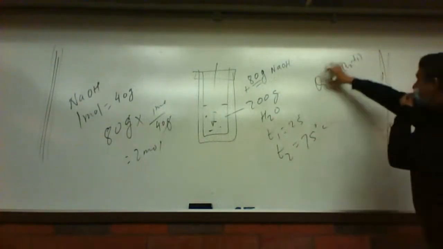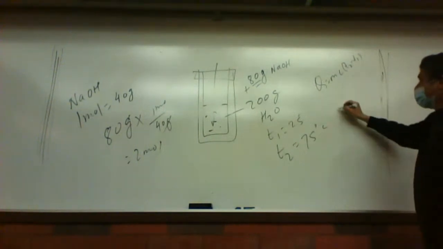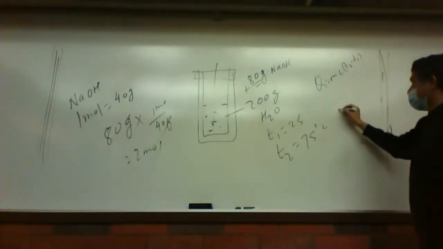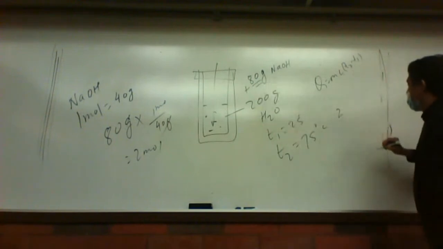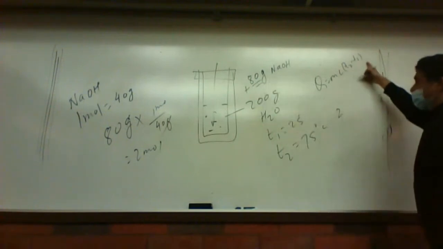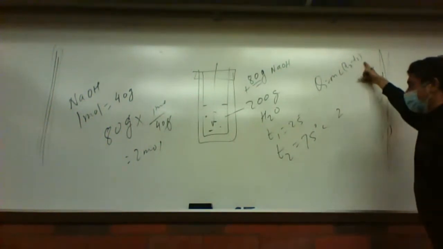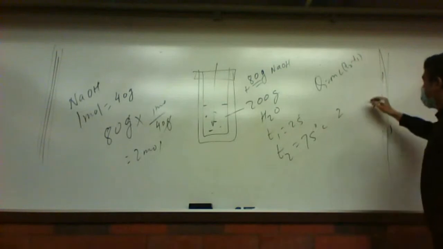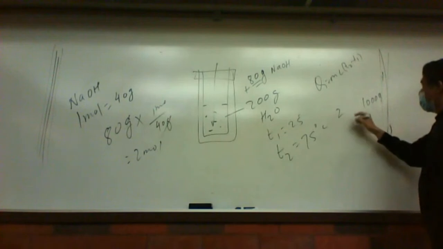Now whatever the heat you get from here, you just put that number here. So the 80 gram is 2 mole, and from the equation maybe you got around 10,000 joule for 2 mole.